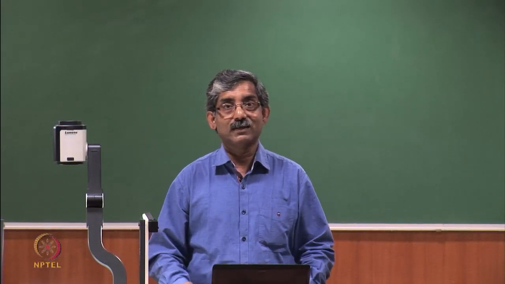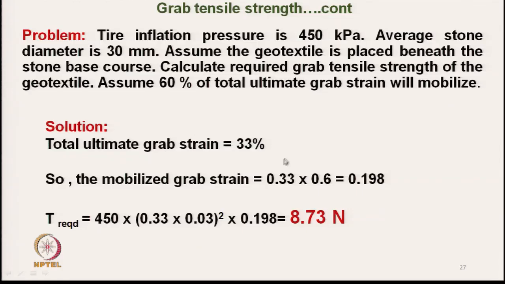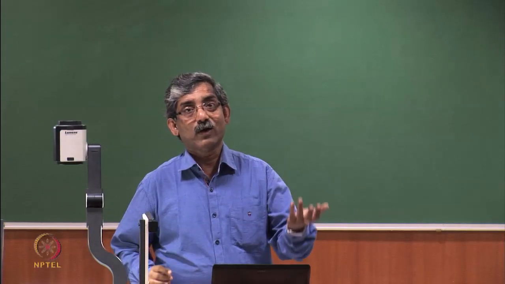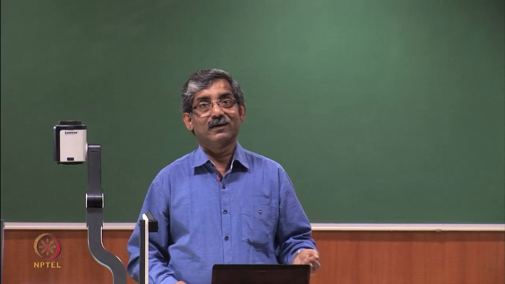So, 33% is the strain percent and the mobilized grab strain is 0.33 multiplied by 0.6. So, of the total grab strain, 60% will be mobilized, that means 40% slippage was there.